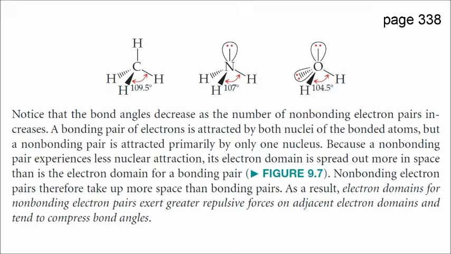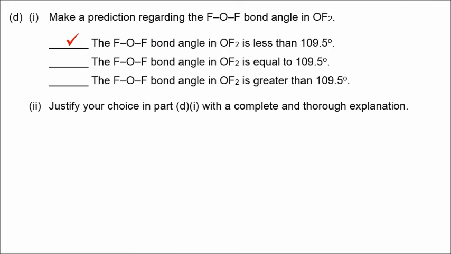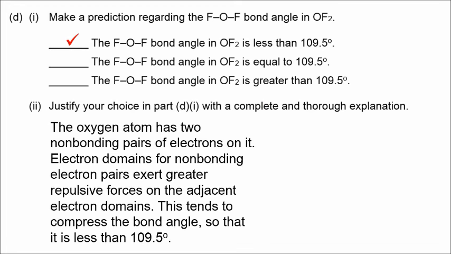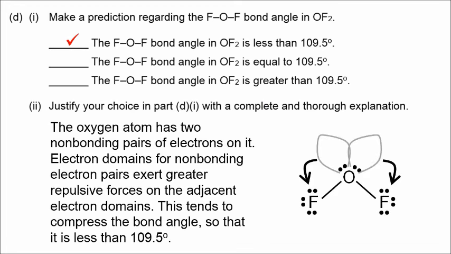Non-bonding electron pairs exert greater repulsive forces on adjacent electron domains and tend to compress the bond angle. So the bond angle should be less than 109.5 because the oxygen atom has 2 non-bonding pairs of electrons which are going to exert greater repulsive forces, and this tends to compress the bond angle so it's less than 109.5.